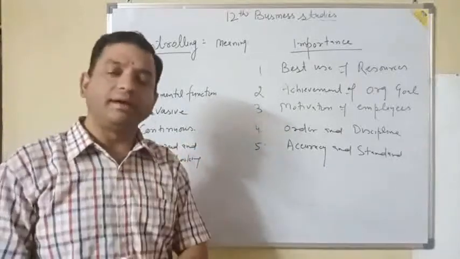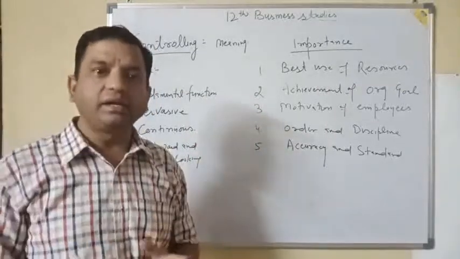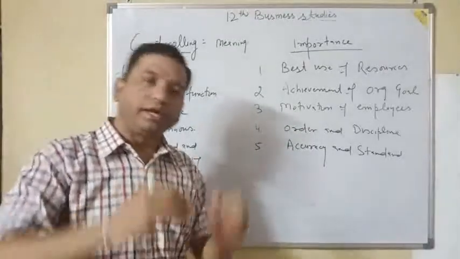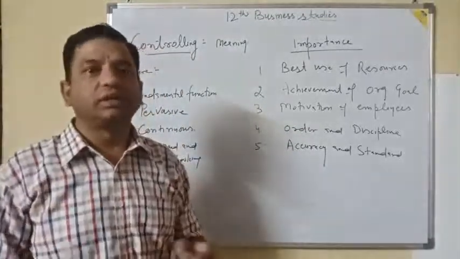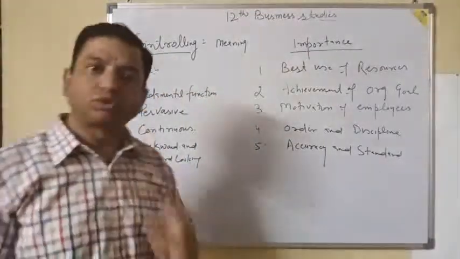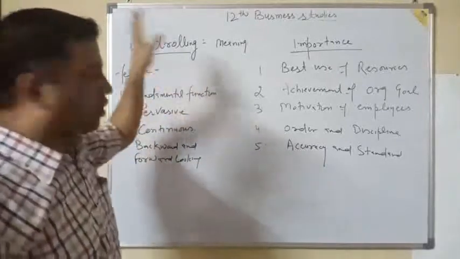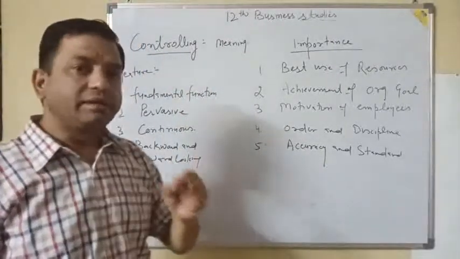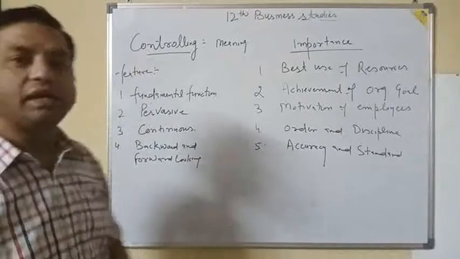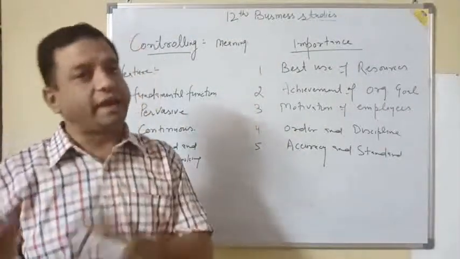What we have planned, whether we are doing according to that, or is there any discrepancy or difference. It means we have to compare the actual performance with the planned performance, and that process is called controlling.